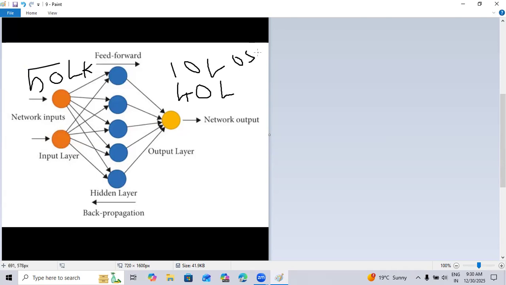That's why we use loss functions in neural networks: to reduce the loss and give the accurate answer. If we use the loss function in this forward propagation, we get the output as exactly 50 lakhs.